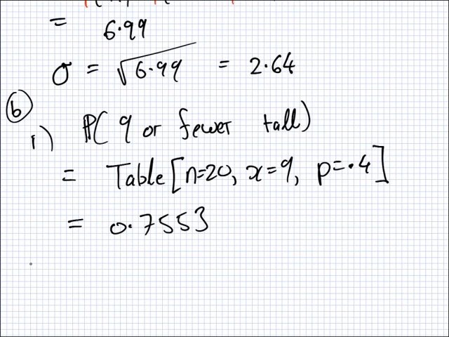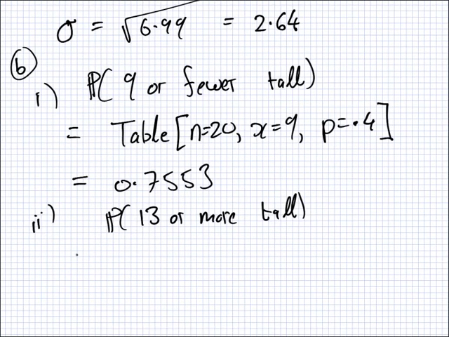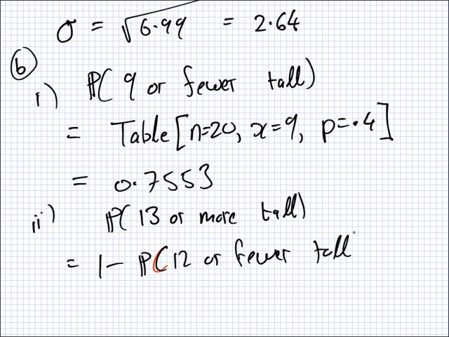That's part 1 done. Part 2. The probability that there are more than 12, so that's 13 or more tall people. Well, that's equal to 1 minus the probability of not 13 or more, which is 12 or fewer tall people.